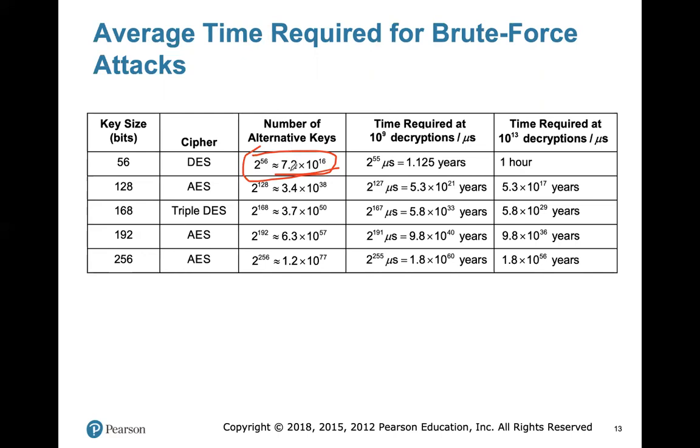So 36 peta operations, assuming having a computer in hand that can do 1 billion decryptions per every microsecond, you need something about 1 year, 1 full year, for that computer to work. And this is a pretty tough computer.